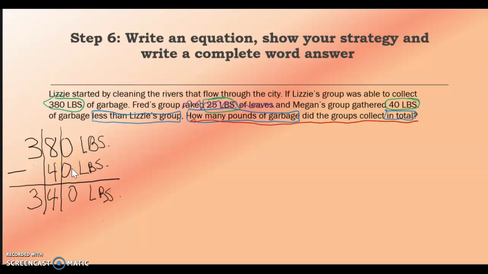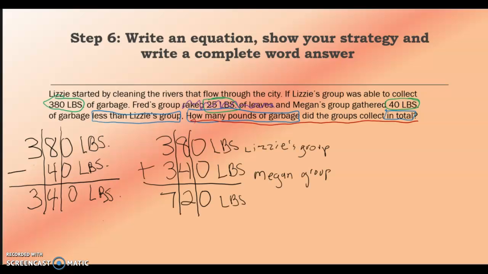Our next step would be for us to do an addition, where we would add up Lizzie's group and Megan's group so that we can find the total of pounds collected for both groups. Here we have 380 pounds, which was Lizzie's group, and 340 pounds, which is Megan's group, added together equals 720 pounds.